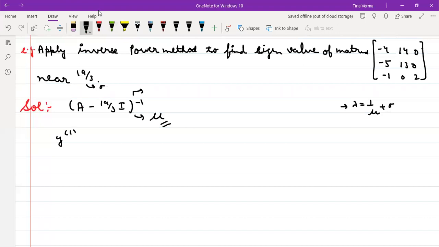You will proceed like this: y1 will be my A minus 19 by 3 I inverse times my initial vector x naught, and the x naught vector is given to you, that you have to take 1, 1, 1 transpose.